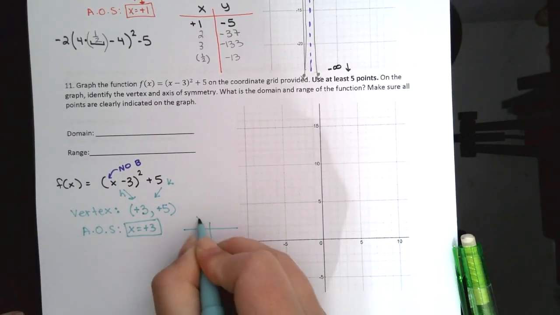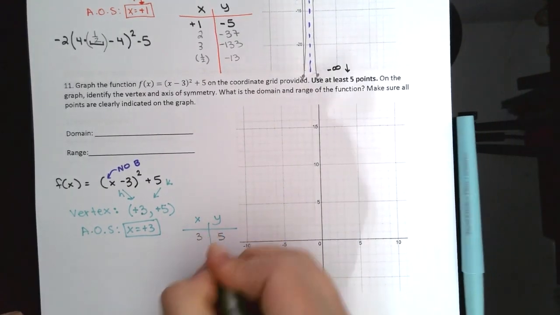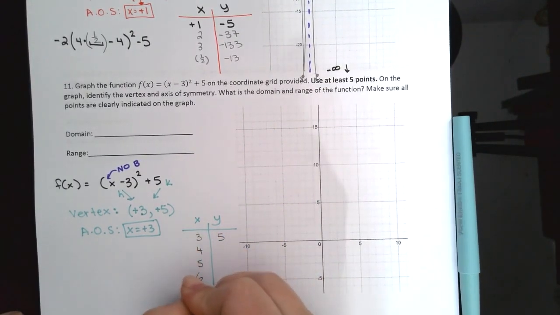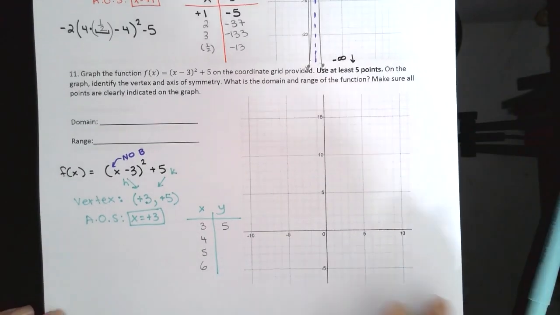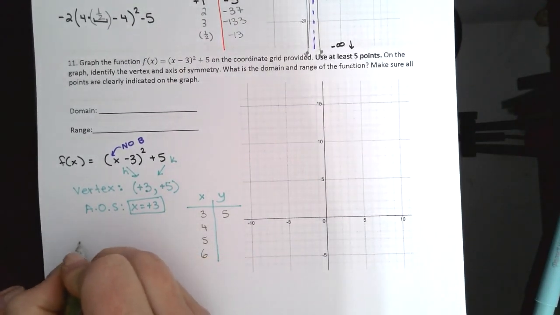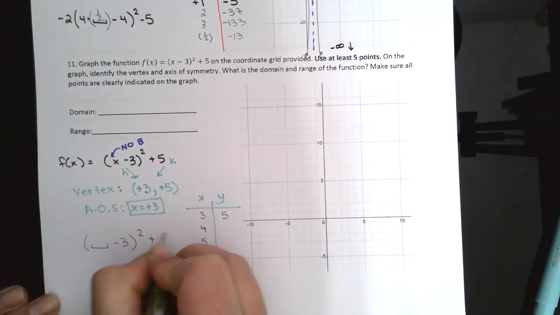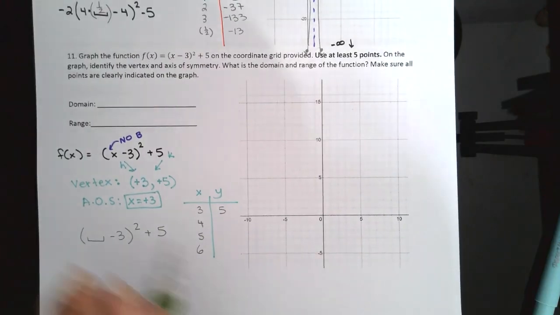Immediately going into the T-chart, starting with your vertex, I'm going to go 4, 5, 6. Is that going to be enough? Maybe. And I am asking you for at least 5 points. I am going to be writing out the original and putting my x values into the equation.